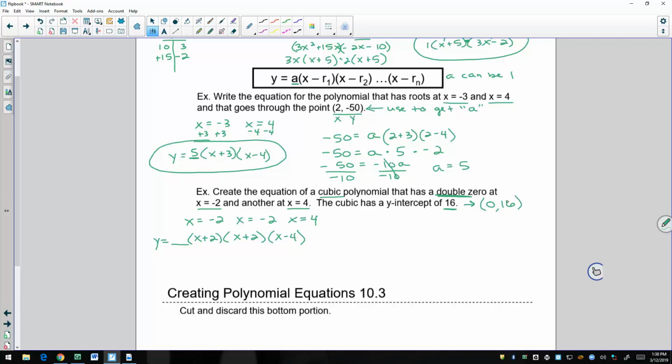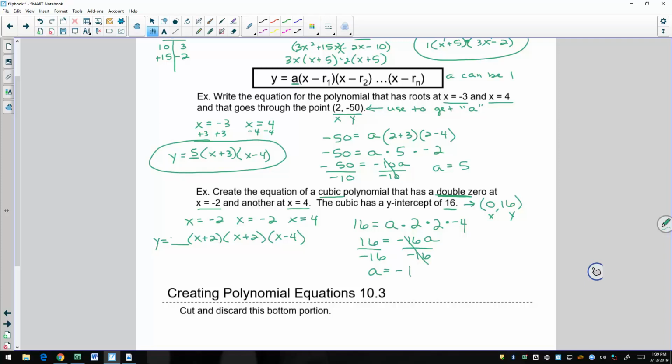So now if I plug those in for x and y, I get 16 equals a times 0 plus 2, which is 2, times 0 plus 2, which is 2, times 0 minus 4, which is negative 4. Multiply all of that together, so you get 4 times negative 4, that's negative 16 times a. Divide the negative 16 over. You actually turn out to get a as negative 1.